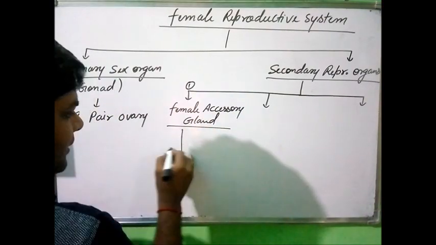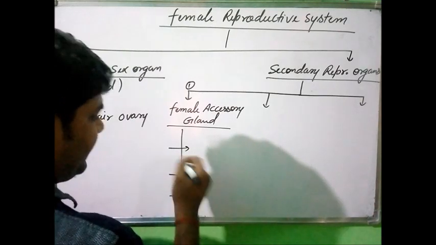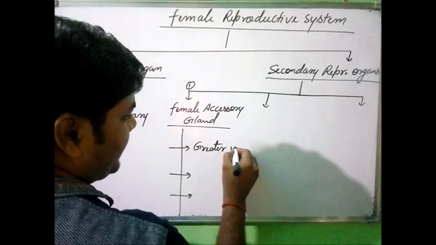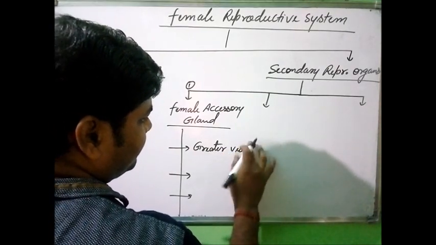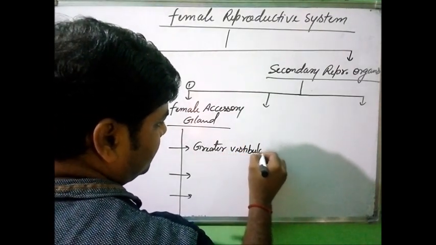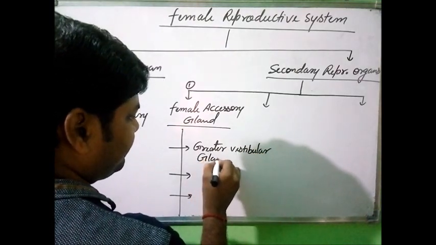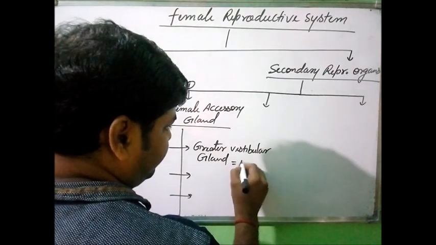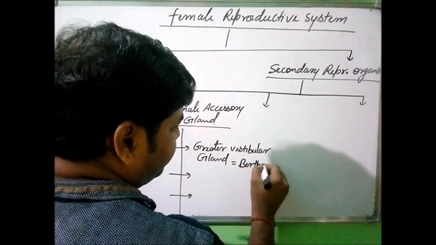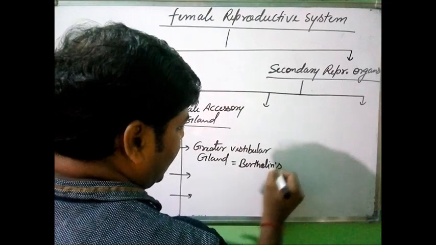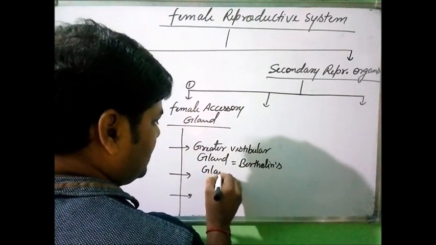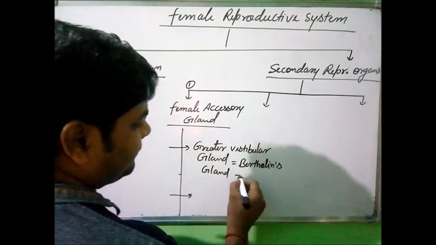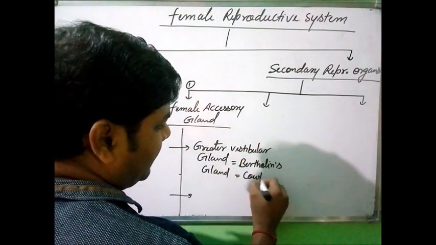So here we will get different types of glands like greater vestibular gland, which is also called as Bartholin gland, or this is also homologous to copper gland of male.